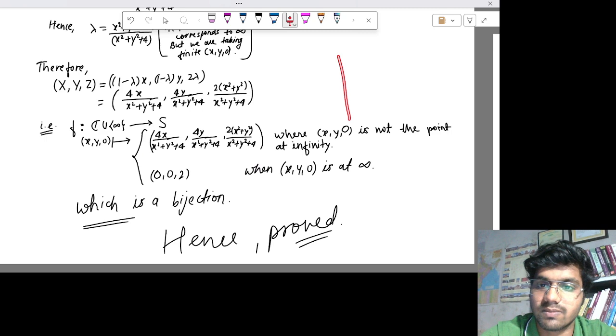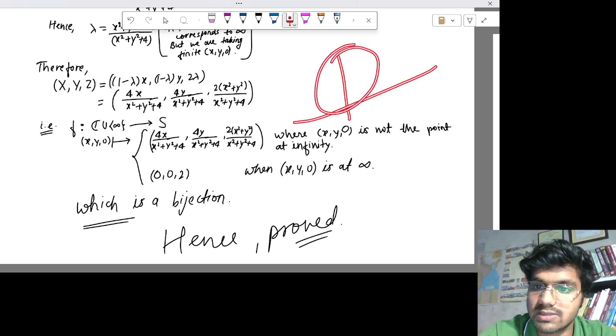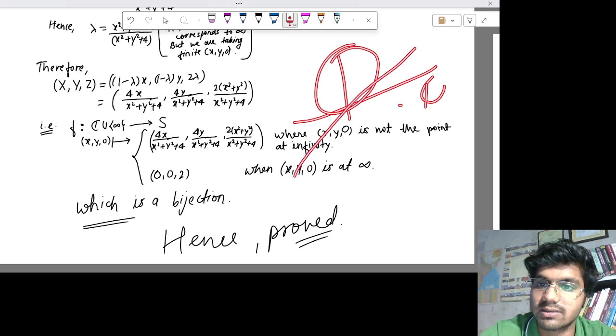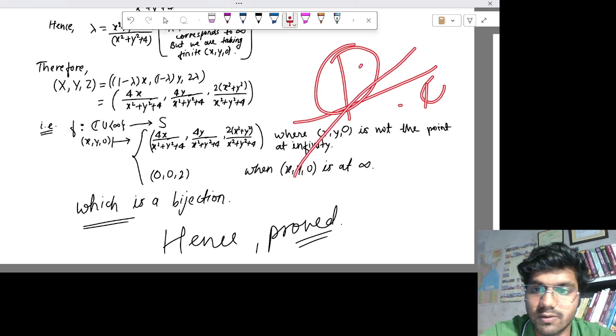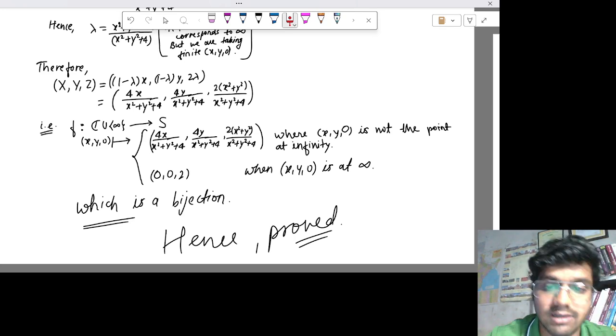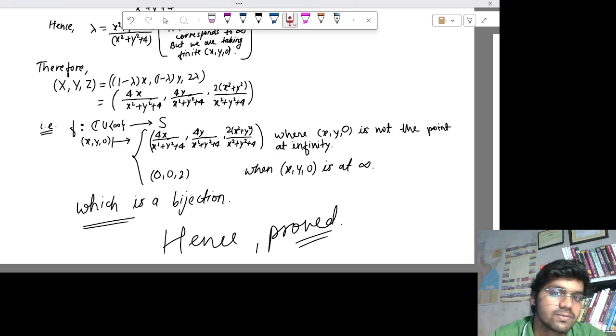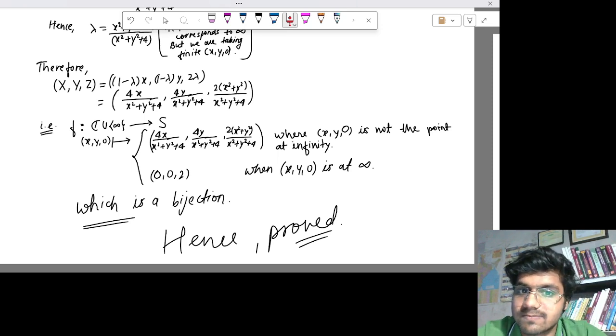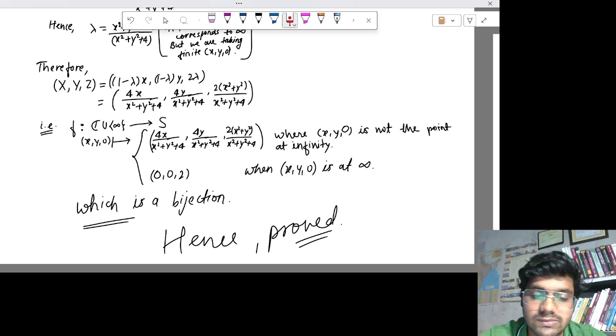Bijective means for each point on the complex plane we get a unique point on the sphere, and each point of the sphere represents a unique point of the complex plane. So this is the proof of this fact.